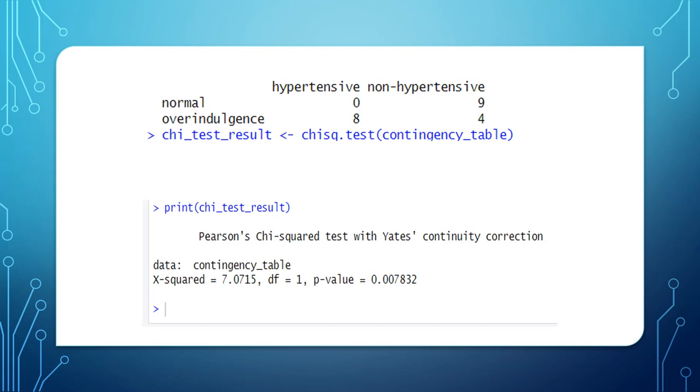This means that there is a statistically significant relationship between caloric intake and systolic blood pressure. In other words, just to simplify, the amount of food people eat has an impact on systolic blood pressure.